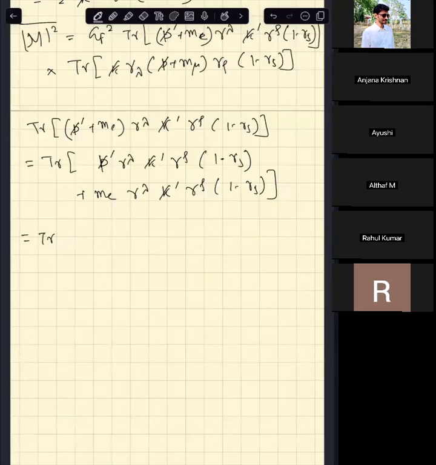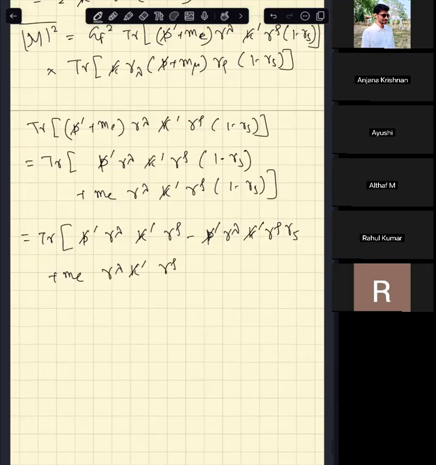This I can decompose further: gamma lambda, K slash prime, gamma rho, minus P slash prime, gamma lambda, K slash prime, gamma rho, gamma 5, plus Me, gamma lambda, K slash prime, gamma rho, minus Me, gamma lambda, K slash prime, gamma rho, gamma 5.